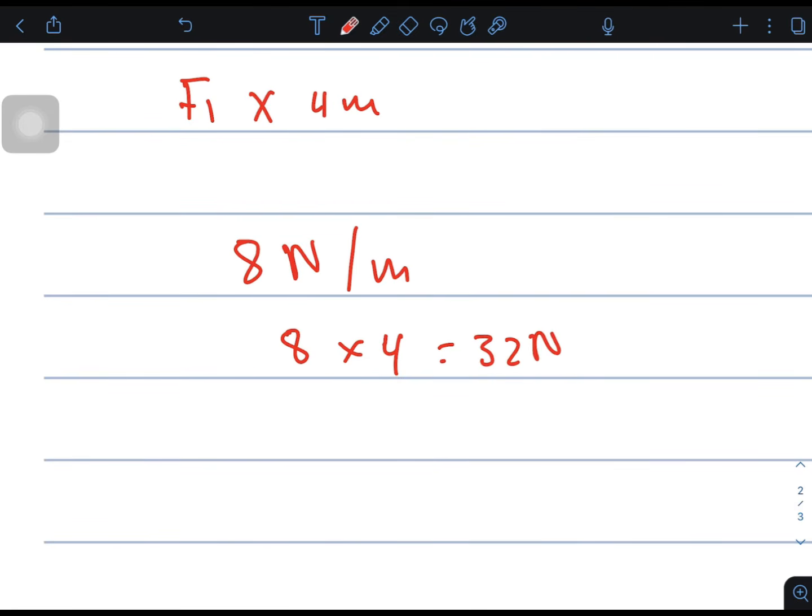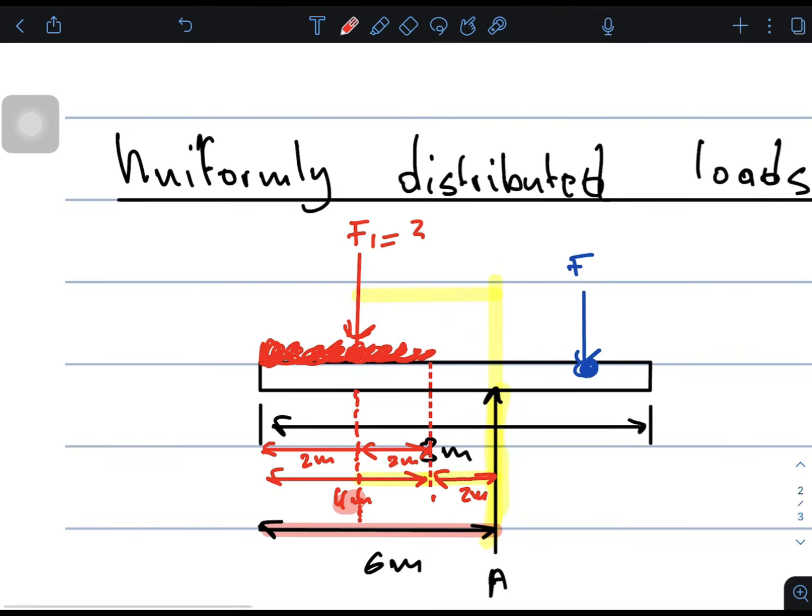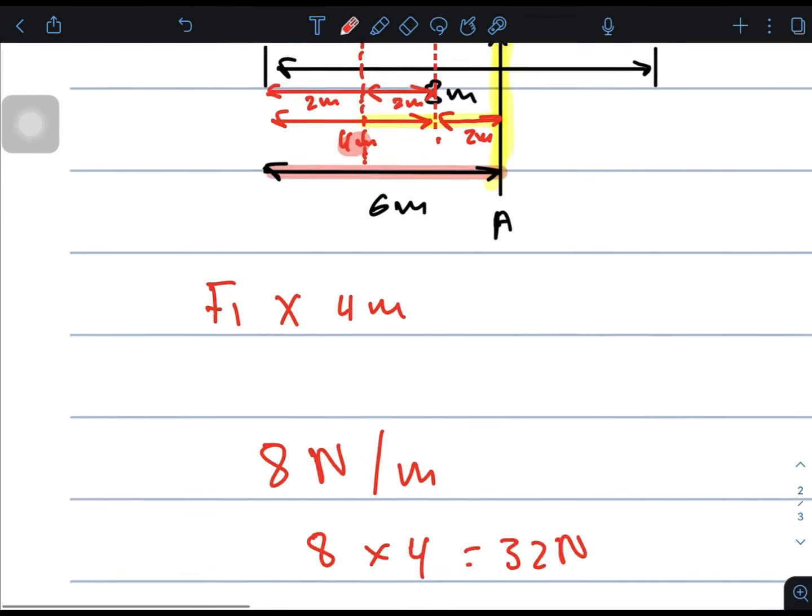Meaning my force is 32 newtons, when I represent it as a concentrated load.